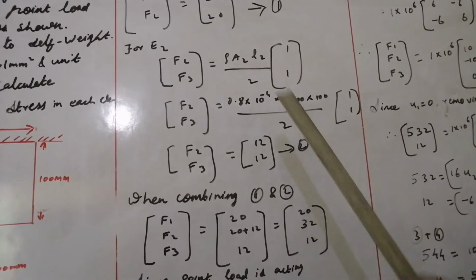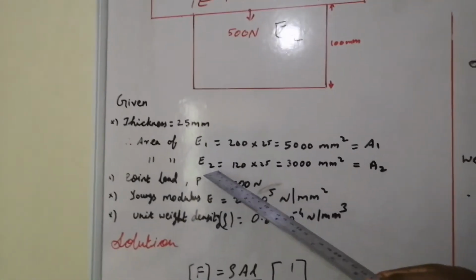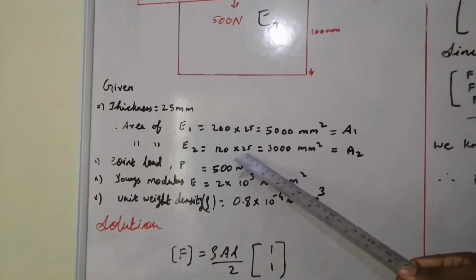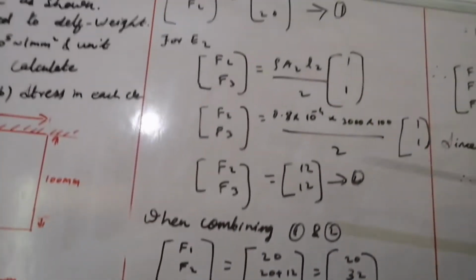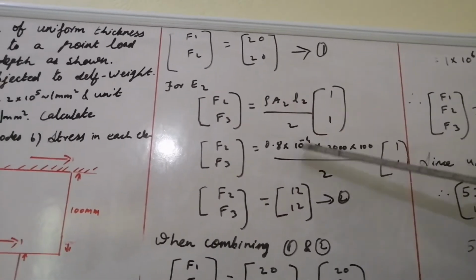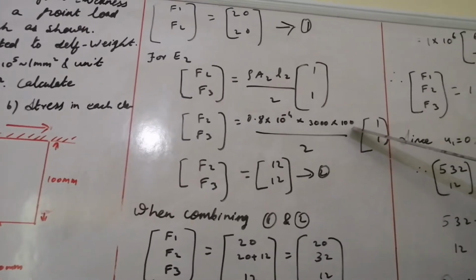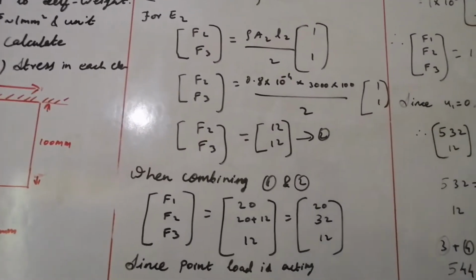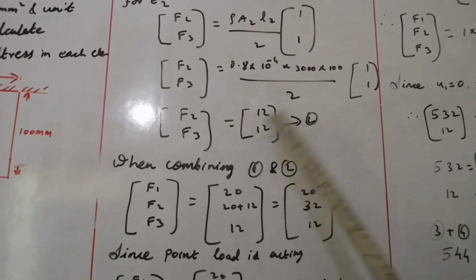We have already found A2, so the area of E2 equals 120 into 25, which is equal to 3000 millimeter square. We substitute the values: 0.8 × 10^-4 into 3000 into length L2 120, divided by 2, into [1 1]. While solving that, we will get 12, 12.